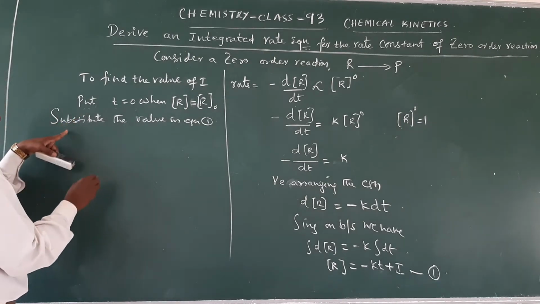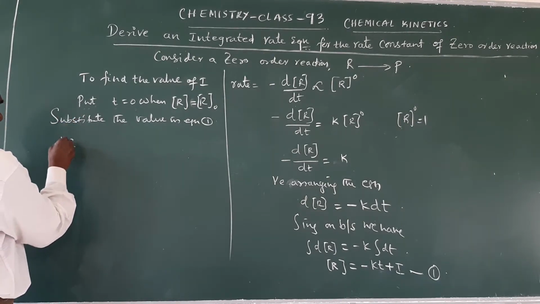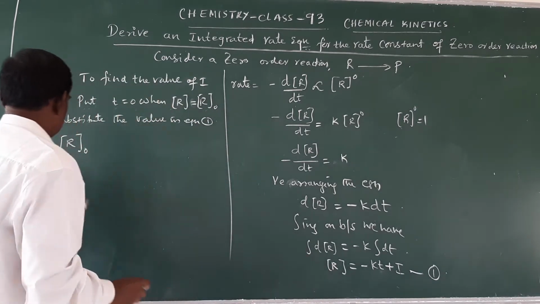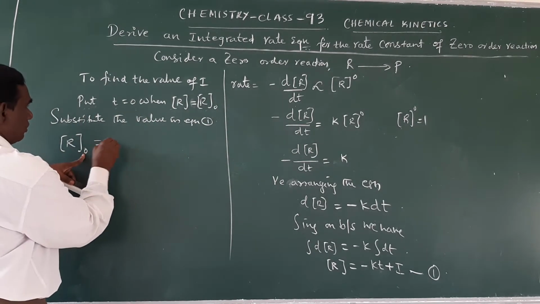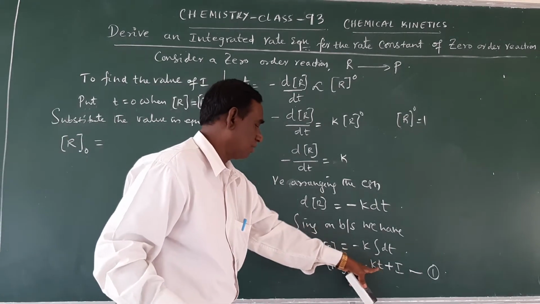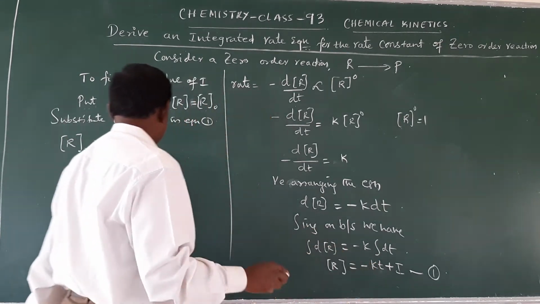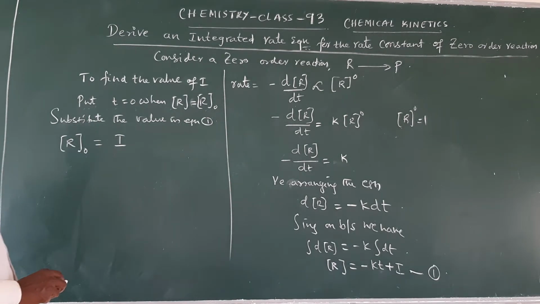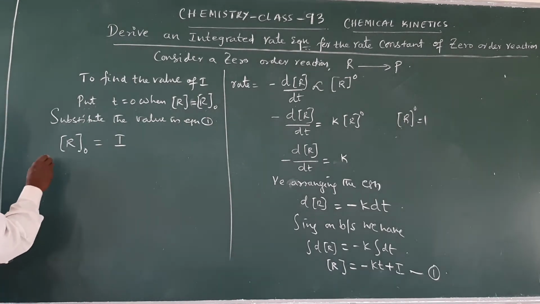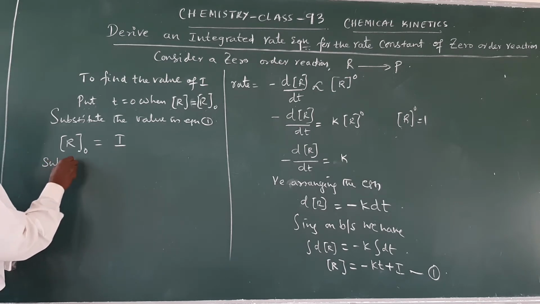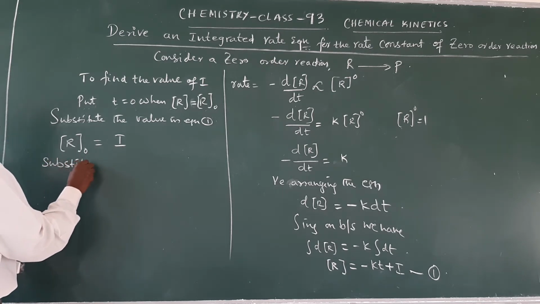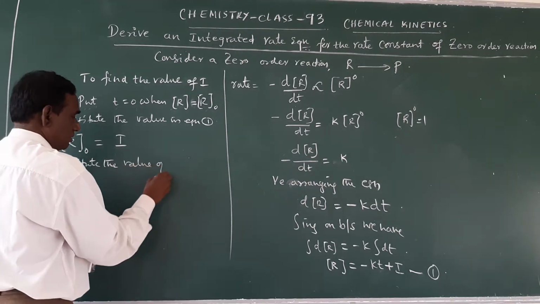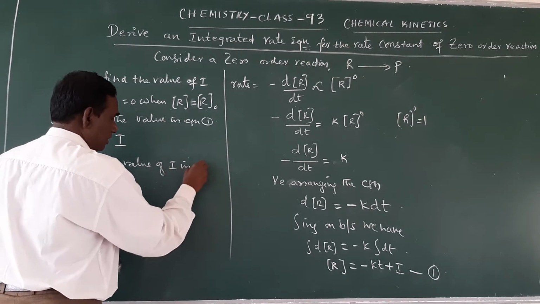The concentration of R becomes R naught. Therefore, R naught is equal to minus k times 0, which is 0, plus I. So R naught is equal to I. Now substitute the value of I in equation 1.